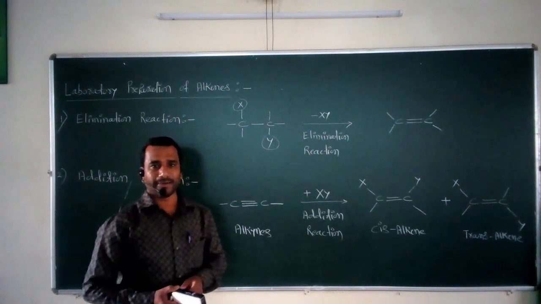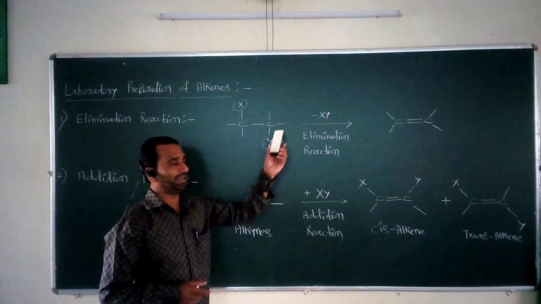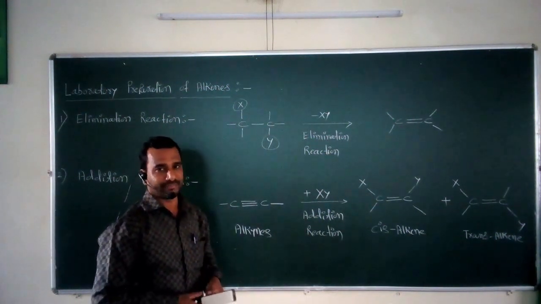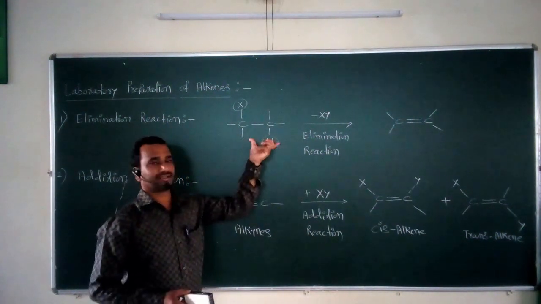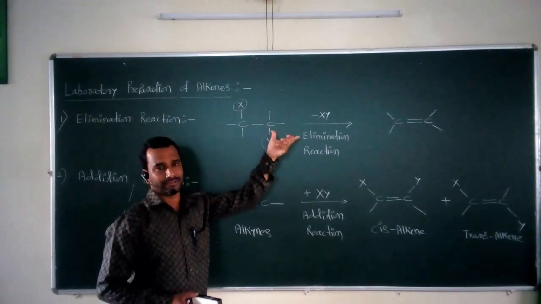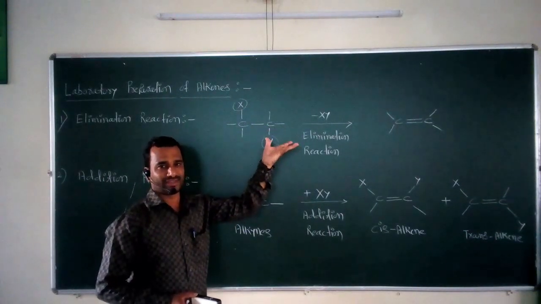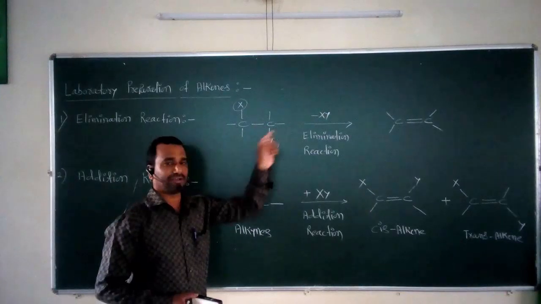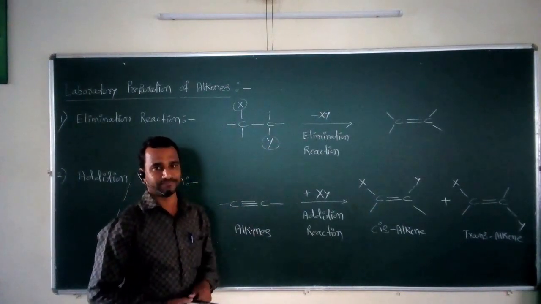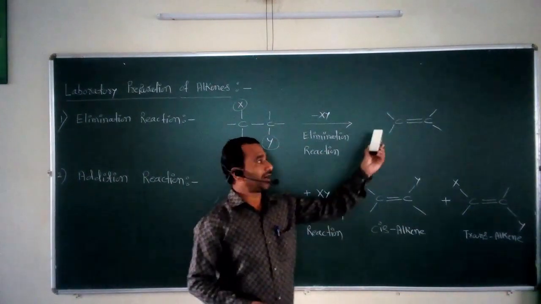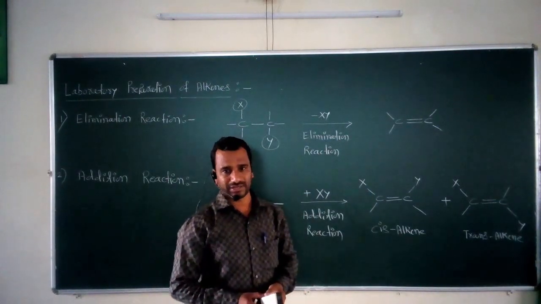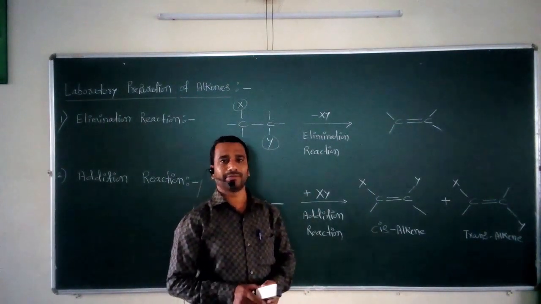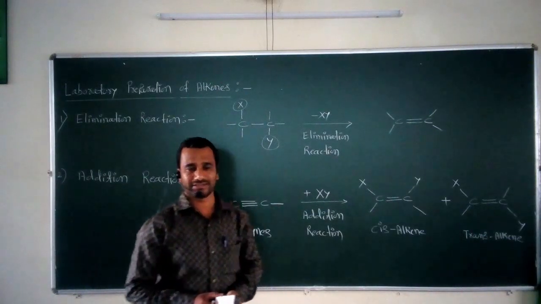What happens after the removal of XY from the reactant molecule? Initially this compound is carbon single bond carbon, that is an alkane, for example. But after the removal of XY from this molecule, you will get carbon double bond carbon as a product. And we know that if carbon double bond carbon is present, that compound is called an alkene.